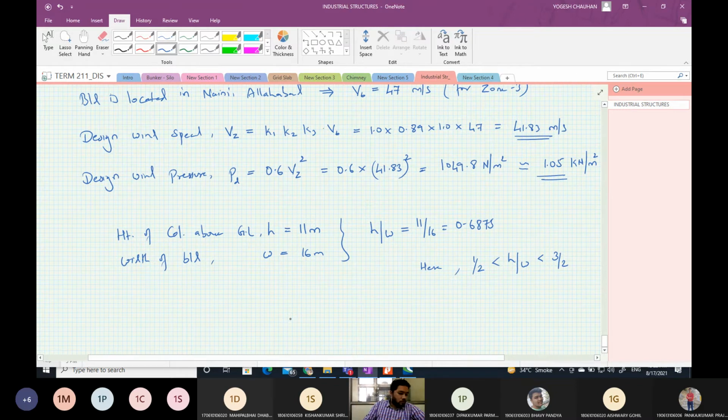H by W is 0.6875, which is greater than 1 by 2 but less than 3 by 2.